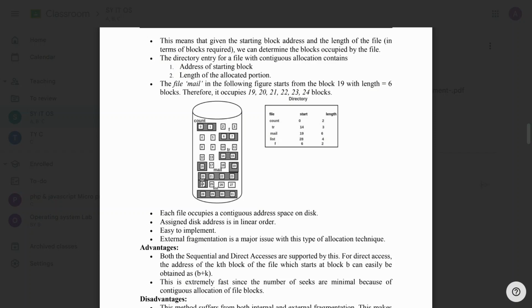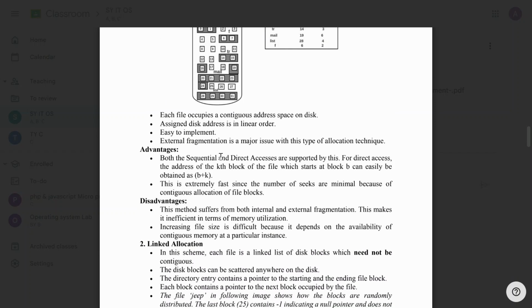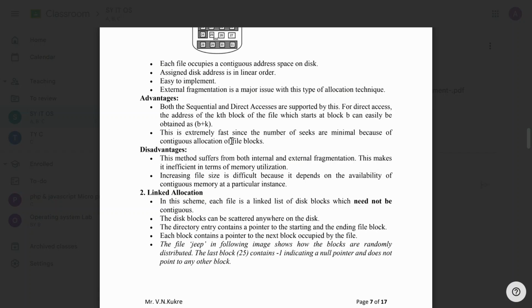Next, the advantages of this type of allocation of space: both sequential and direct access are supported. In sequential access we allocate the memory as contiguous memory, and in direct access also we can specify the allocation.